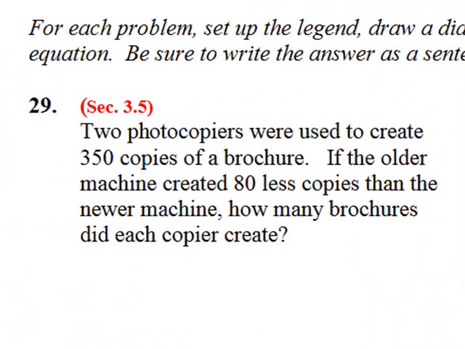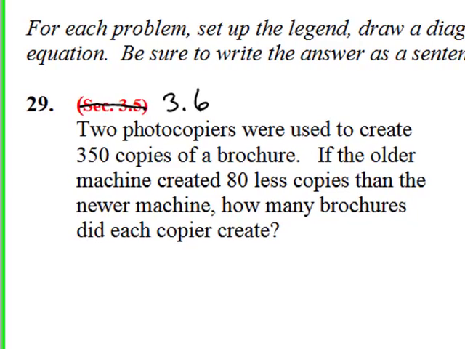Number 29 and 30 are both word problems, and actually they both come from section 3.6, so I should cross this off and write 3.6. And let's read and understand the problem.